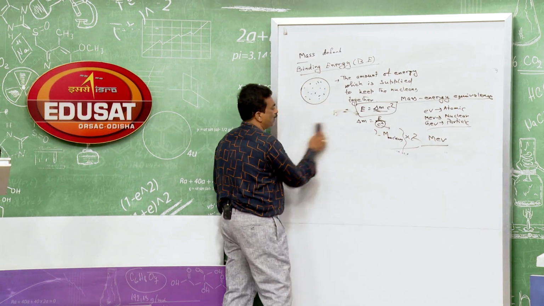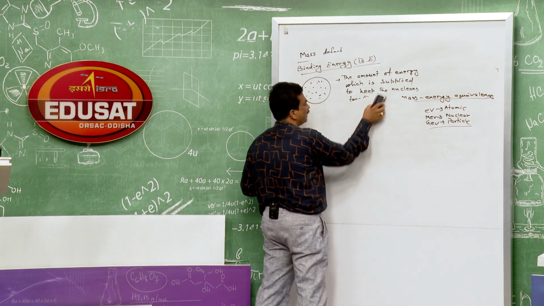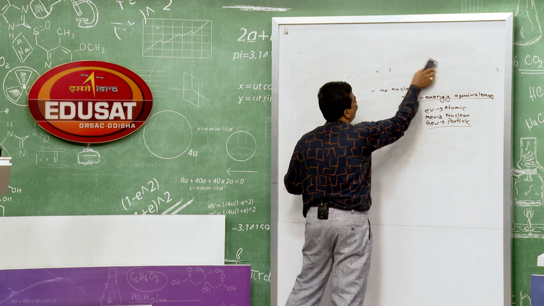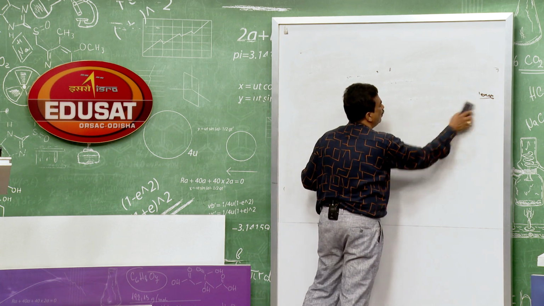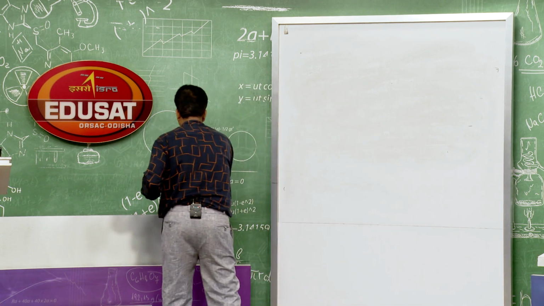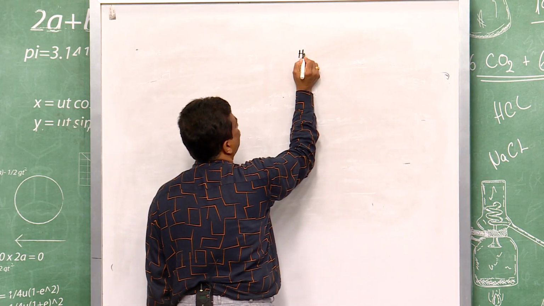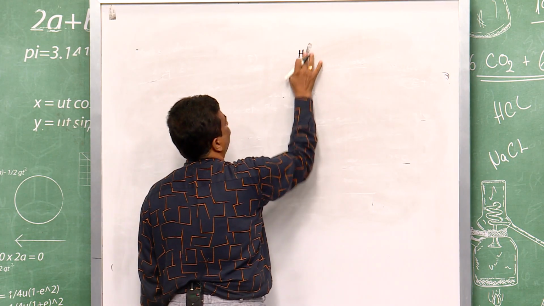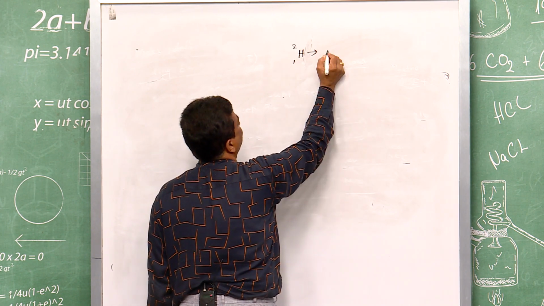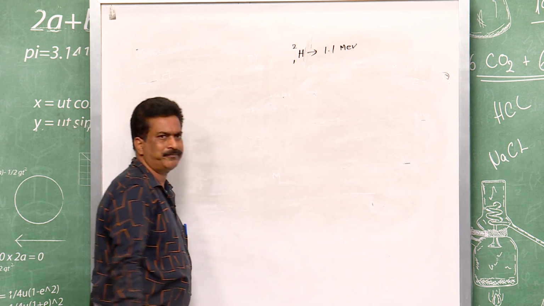If the nucleus has more nucleons, there will be more mass defect, and that more mass defect will give more binding energy. From the experimental evidence we know that for heavy hydrogen, the required energy is 1.1 MeV. For iron it is 495 MeV.